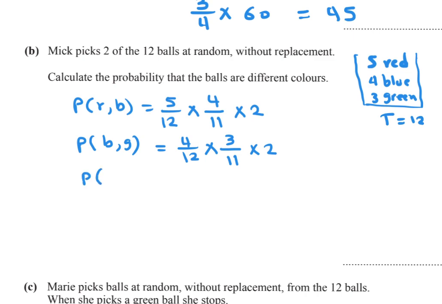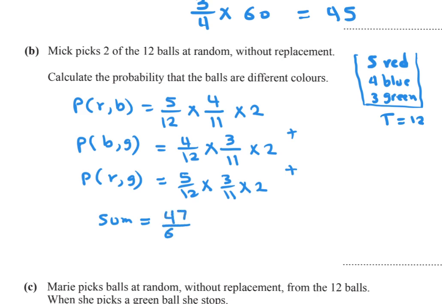Same, we can take red and green: probability of red 5 over 12, times probability of green 3 over 11, then times 2. Then we add all to find the probability of different colors. The sum of all is 47 over 66.